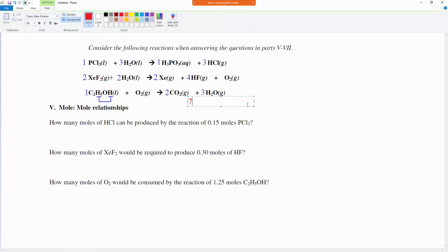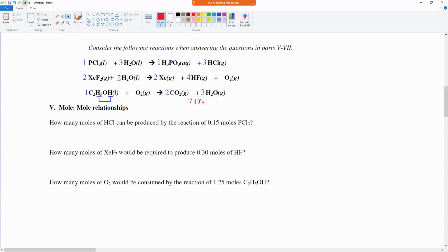We have 7 oxygens here on the right, hopefully. But the other thing to note, and this is easy to forget, is that there's an oxygen right here that we can use. So if this is already balanced, that's accounting for 1 oxygen. So 7 is going to equal 1 plus, we need to make that 6 oxygens.